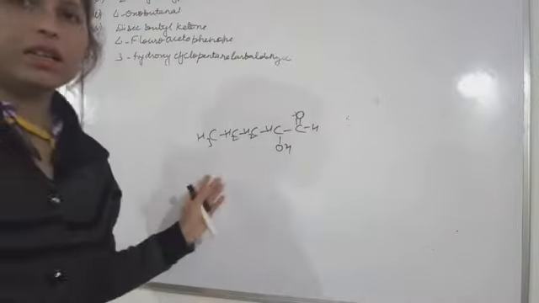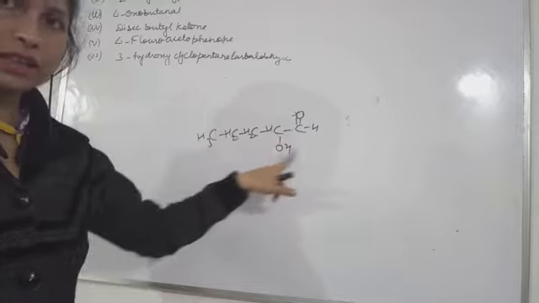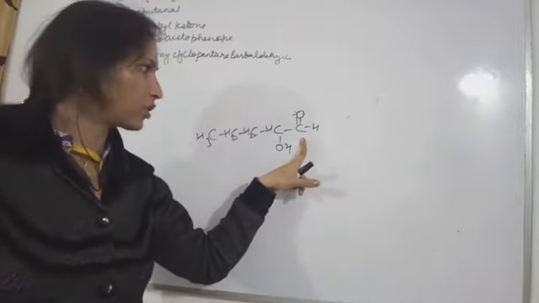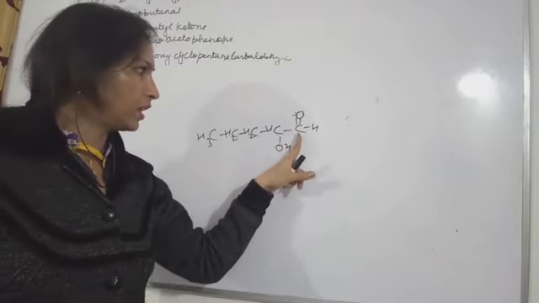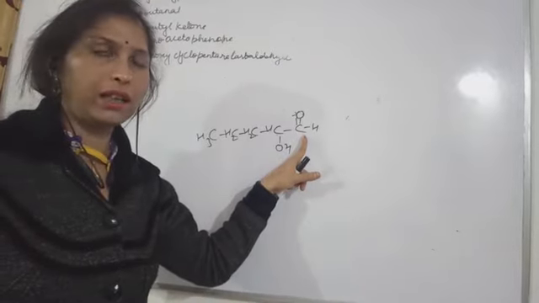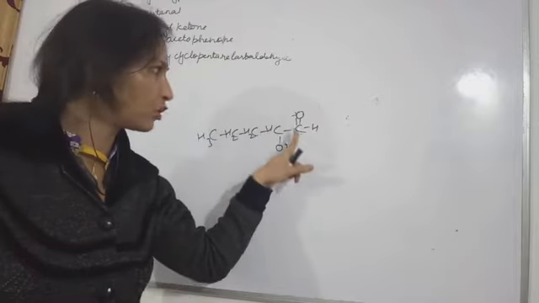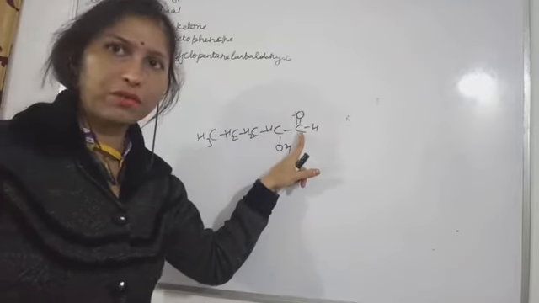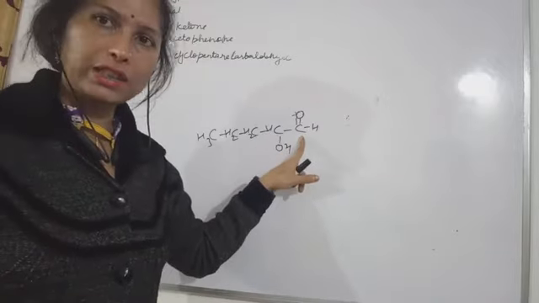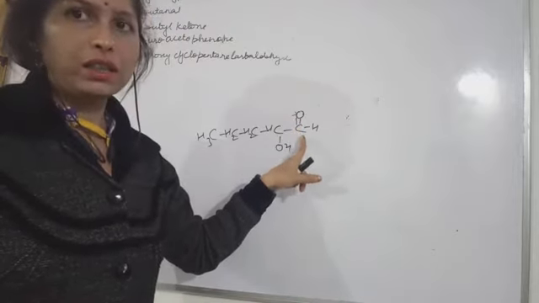Arrange carbons 1, 2, 3, 4, 5, with the terminal carbon possessing the functional group CHO. I told you that the alpha position is always next to the carbon possessing the functional group, but in IUPAC nomenclature the numbering is done from the carbon having the functional group.